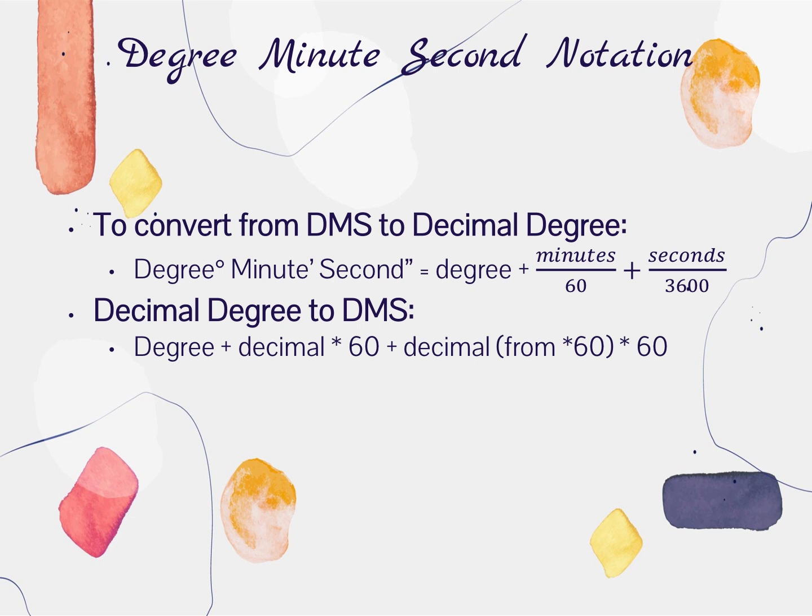If we want to convert from a decimal degree to degrees, minutes, seconds, the whole number becomes the degree, then we'll take the decimal portion and multiply it by 60. Then once we get that answer, we take the decimal part and multiply it by 360. So we're going to see some examples of this.